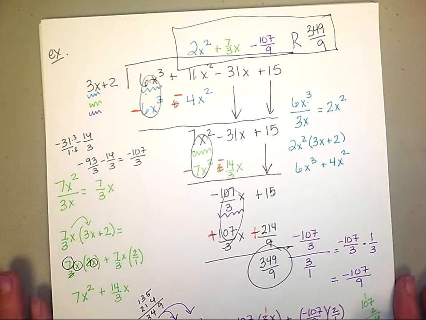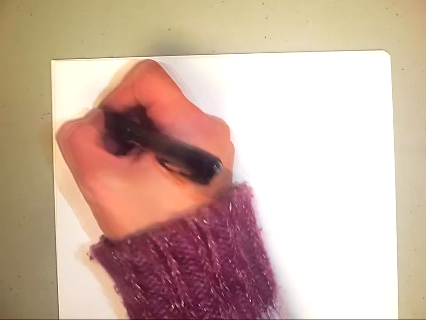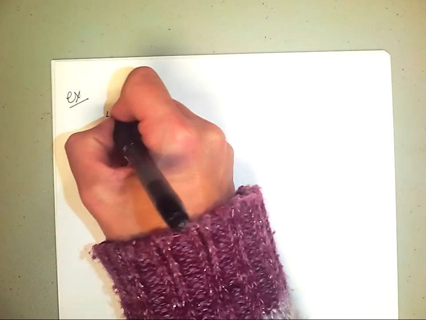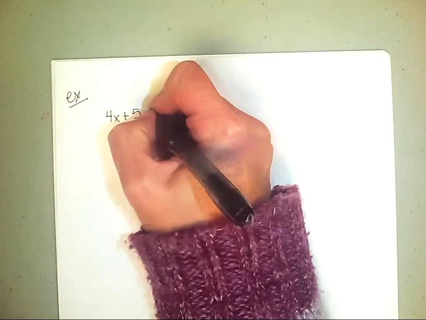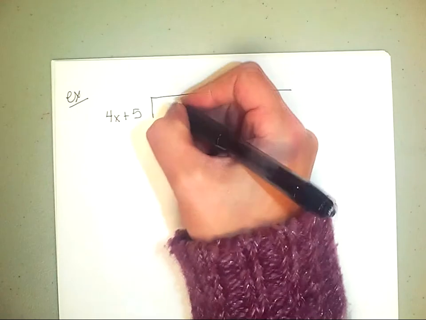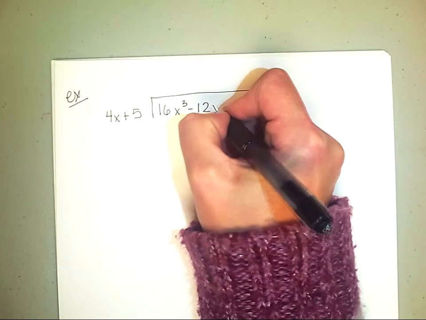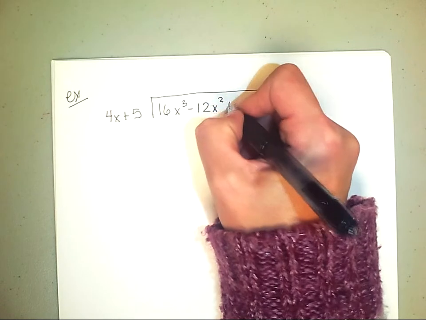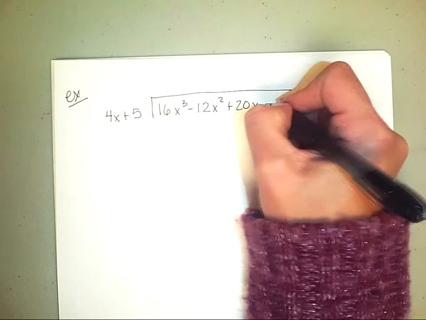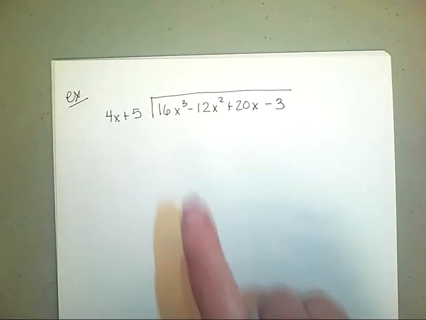All right, let's do another one and see if it doesn't get that complicated. Now, let's take 4x plus 5 and divide it into 16x cubed minus 12x squared plus 20x minus 3.